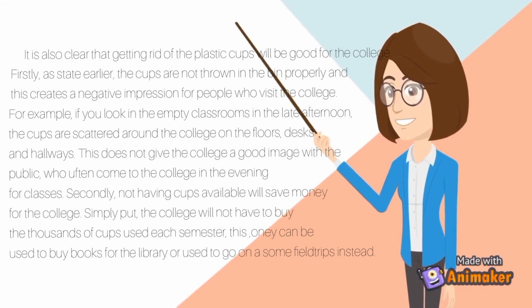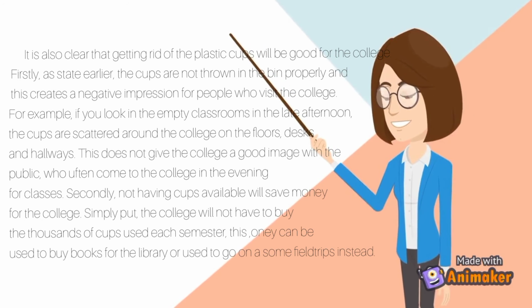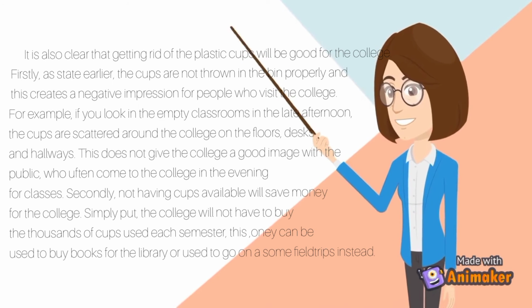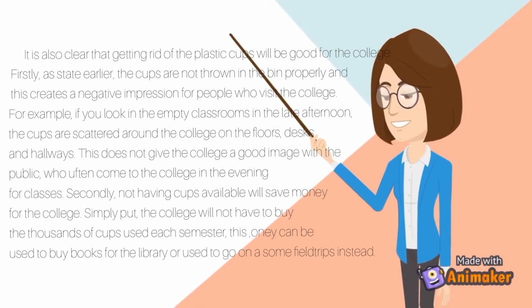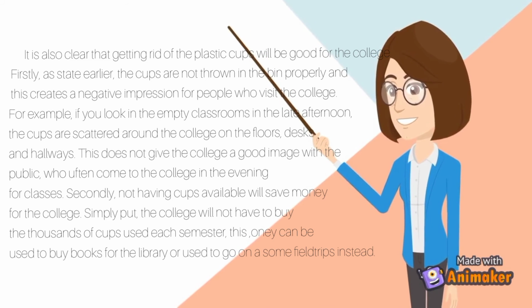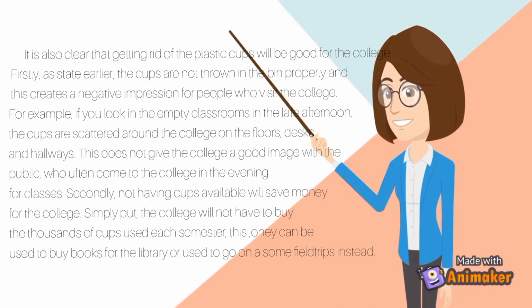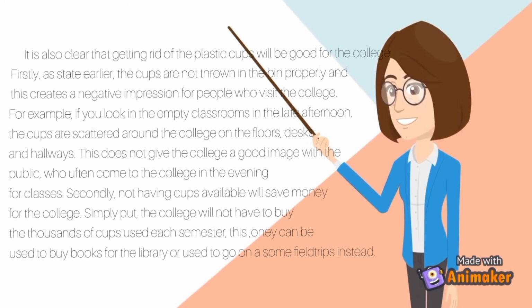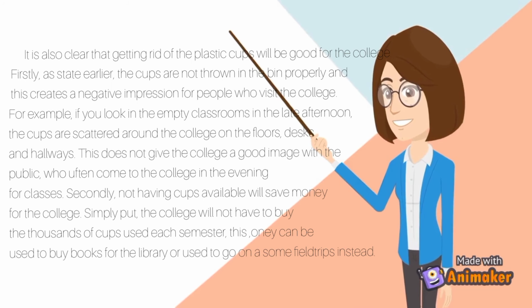So in this paragraph, the main idea is: it is also clear that getting rid of the plastic cups will be good for the college. And then the supporting sentence is, for example, if you look in the empty classrooms in the late afternoon, the cups are scattered around the college on the floors, desks, and hallways.